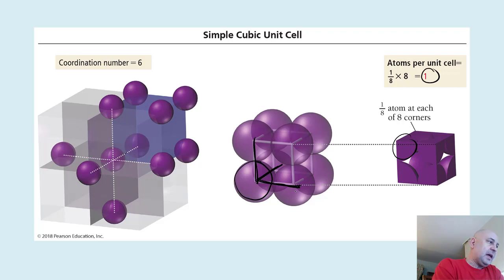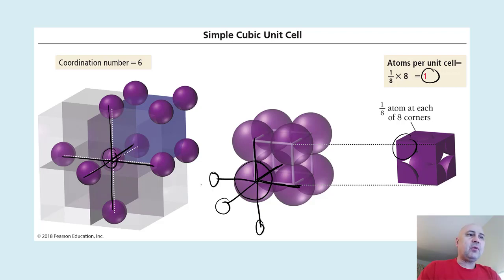So looking at that particular atom, we have actually 6. So the coordination number is 6, right? So there's another one here, and another one here, and another one here. So that's what we're looking at for coordination number. Simple cubic unit cell coordination number 6. And the atom content is 1.